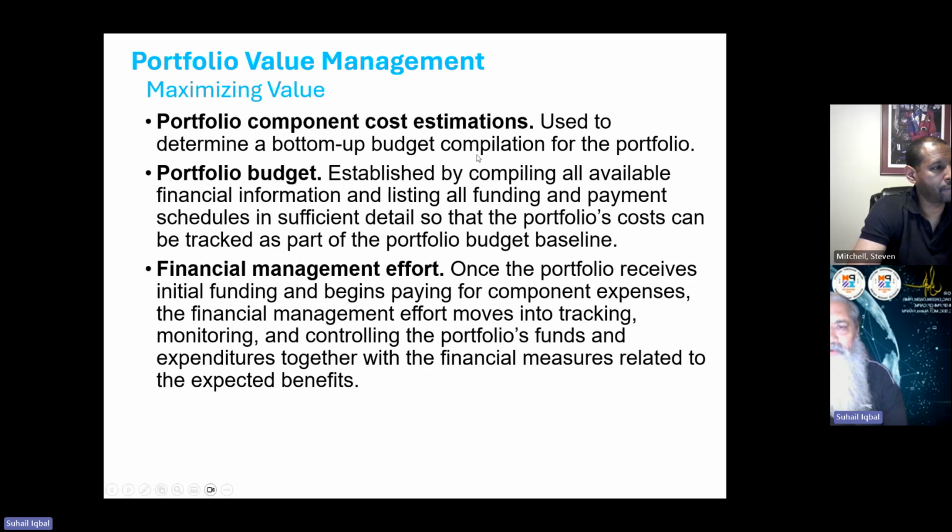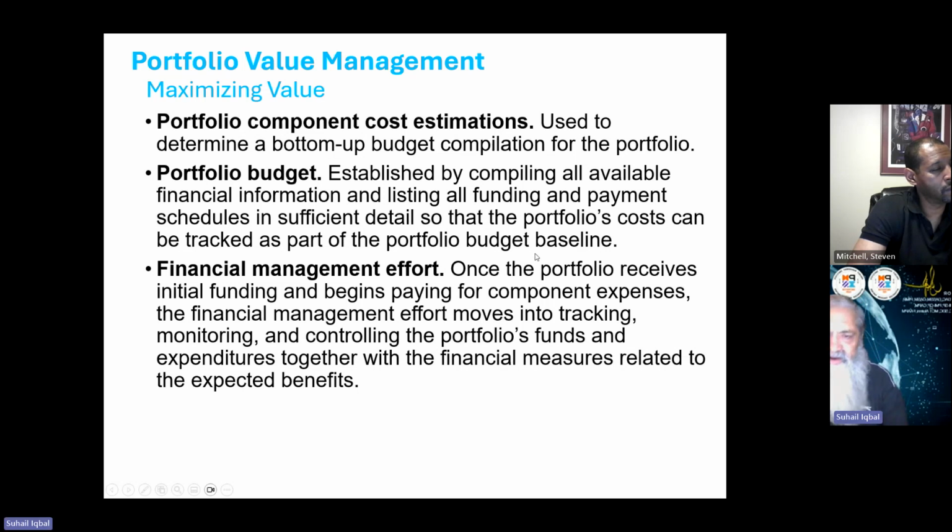used to determine a bottom-up budget compilation of the portfolio. The portfolio budget is established by compiling all available financial information and listing all funding and payment schedules in sufficient detail so that the portfolio's cost can be tracked as part of the portfolio budget baseline.